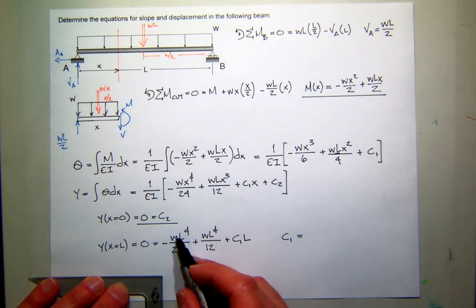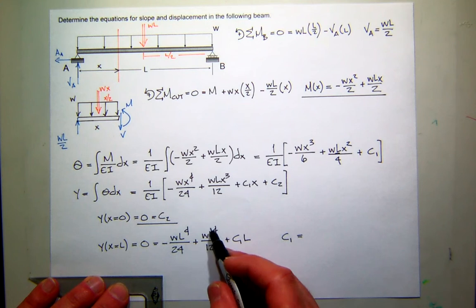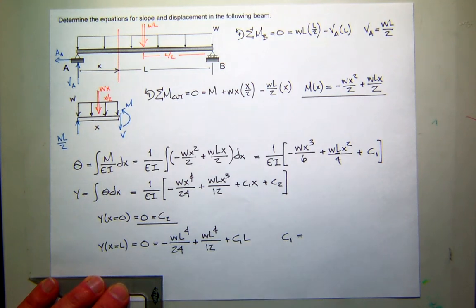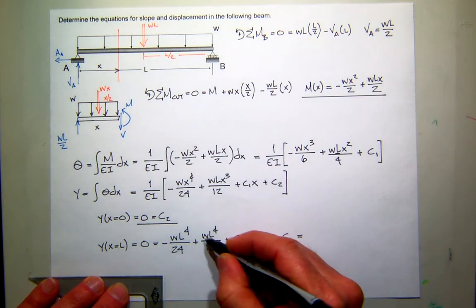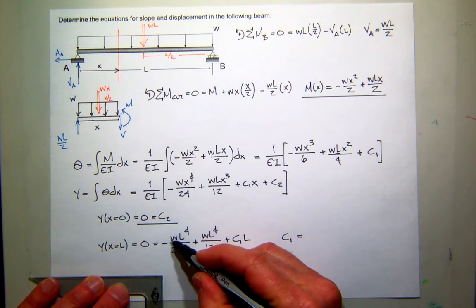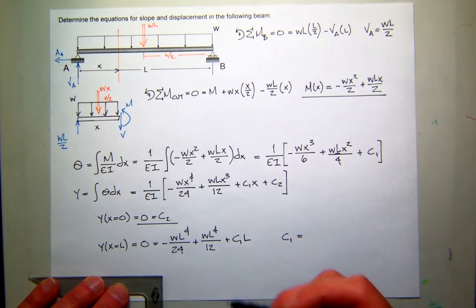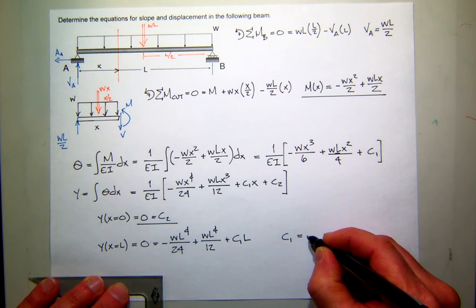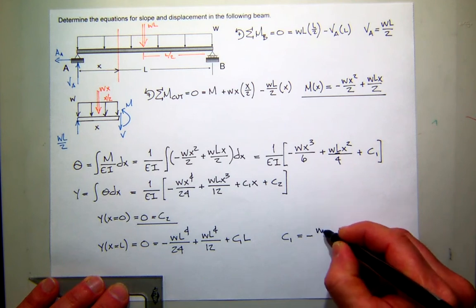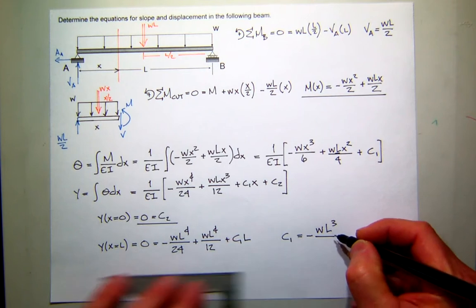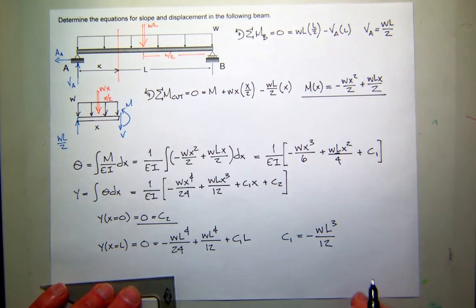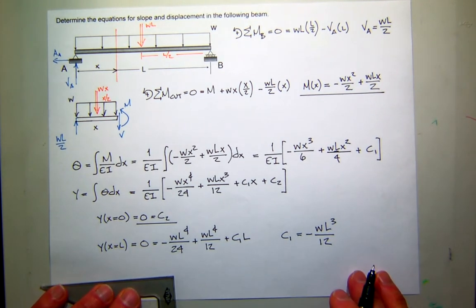So I end up with what? A negative 24th plus a positive 12th. What is that? That's a positive 24th, right? Because if I change this to 24, it's 2 24ths. So I got negative 1 24th plus 2 24ths, which is a positive 24th. I throw it to the other side of the equation. I get WL cubed over 24.